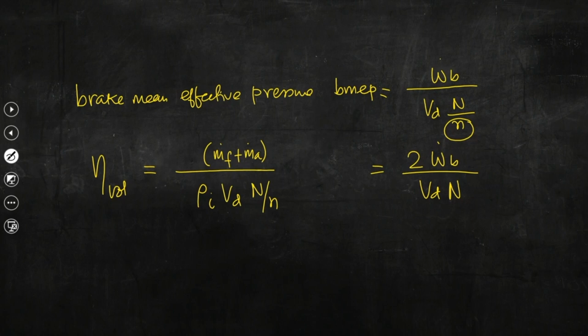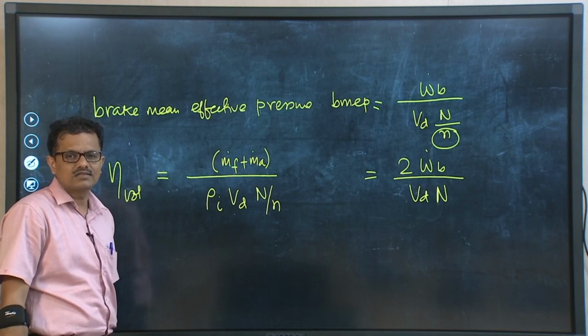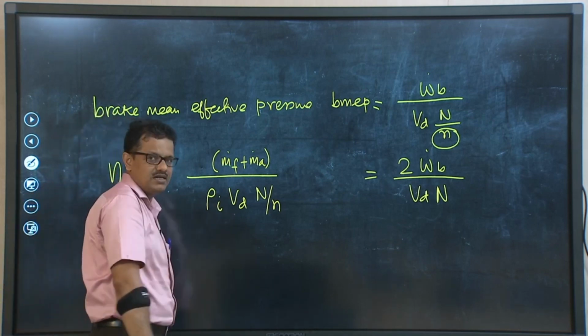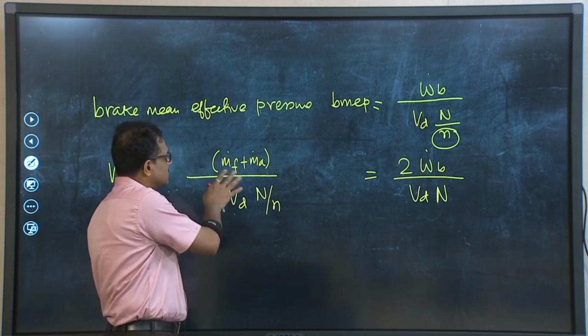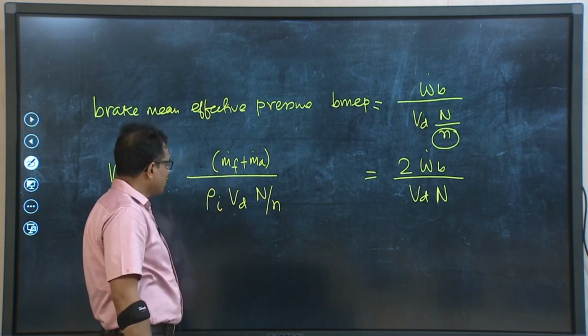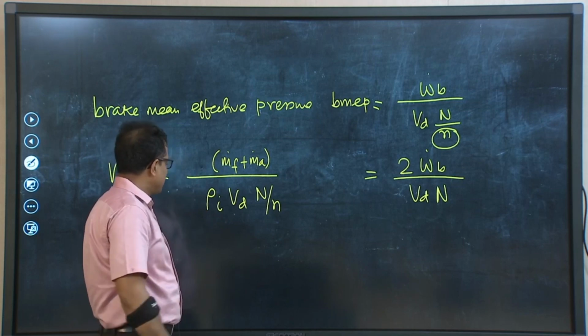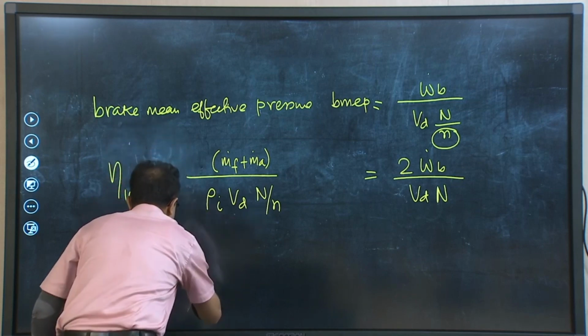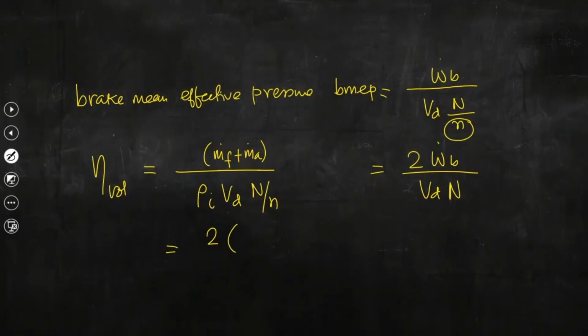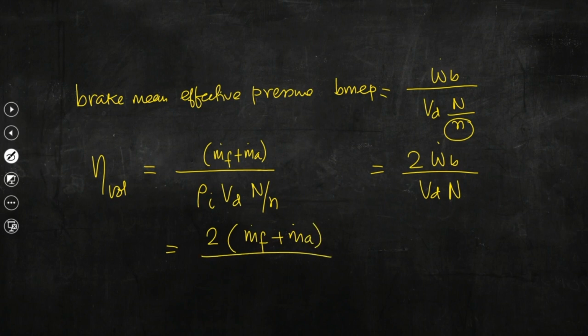I will be discussing the physical significance of the volumetric efficiency as well as where we are getting this definition, but for the time being today we assume this is the mathematical expression. So, that would be twice into m dot f plus m dot a divided by rho I into V d. Now, if we need to calculate brake mean effective pressure, we need to know about this V d. We can get this V d from the volumetric efficiency.